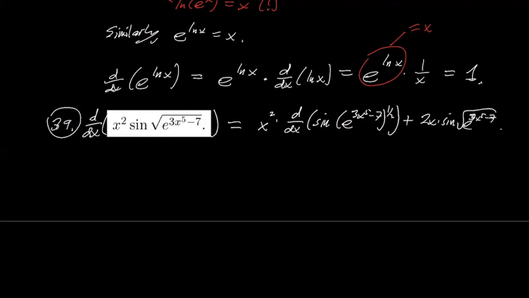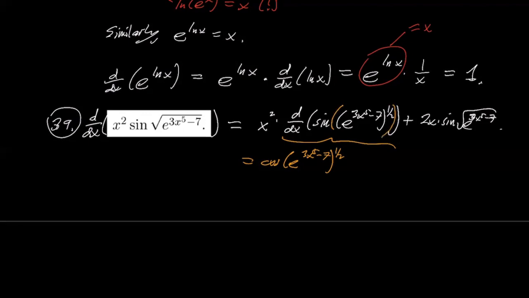All right, so now we're down to having to deal with this. And this is a chain rule problem again. This is going to equal, so we differentiate the outer layer, we get cosine of e to the 3x to the 5th minus 7 to the 1/2. In fact, I almost should have put more parentheses here just to be careful. Like there's really another parentheses there.